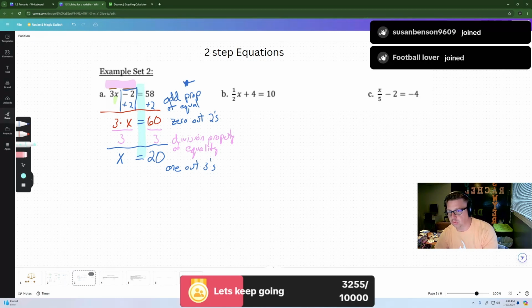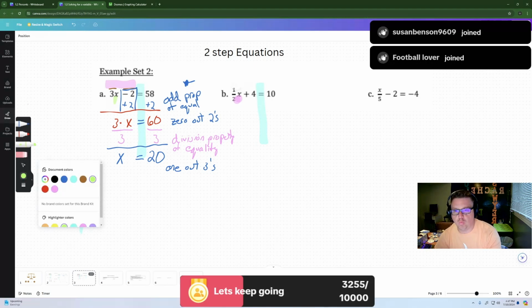I'm going to draw my line down the middle of the equal sign. So here's my equal sign, and we're going to underline our variable right here. Here's x. So I have 1/2 x plus 4.